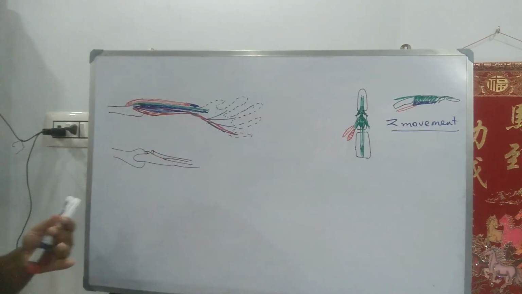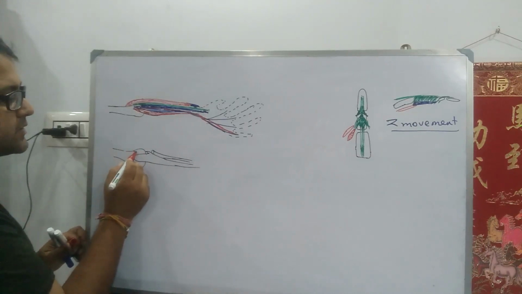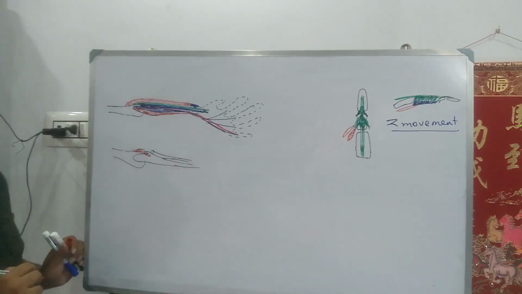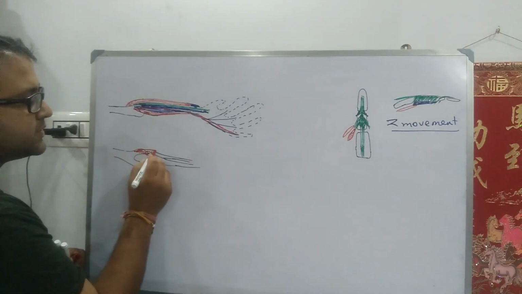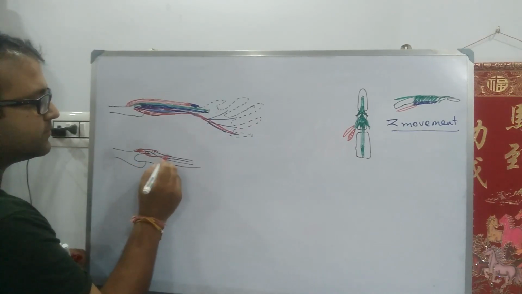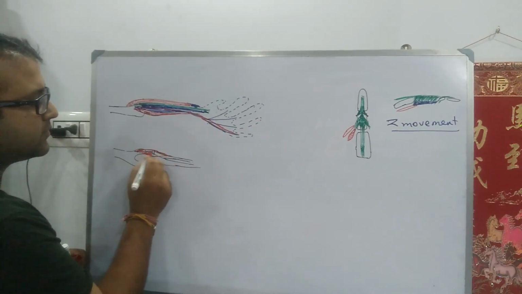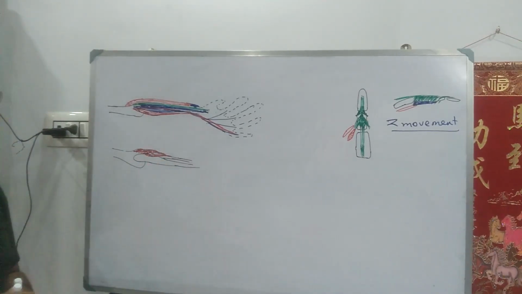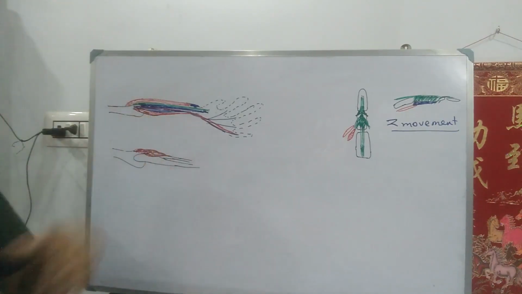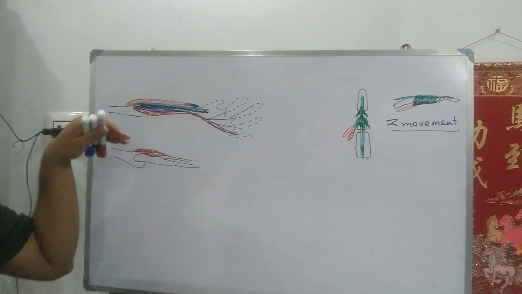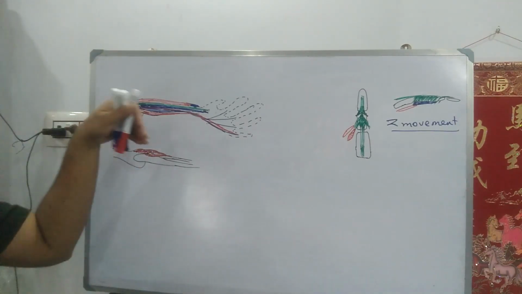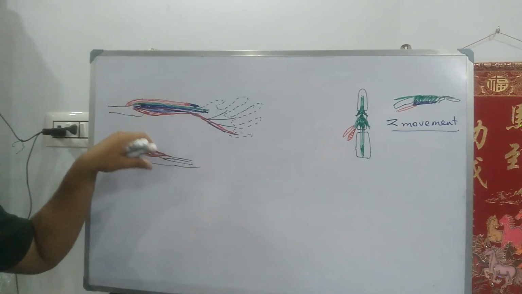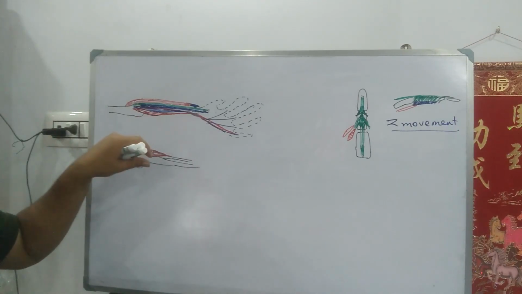Suppose it starts in this region, and then it is going to go like this. So it is going even to the anterior surface. That means it is gripping the radius almost completely, except for the medial surface.